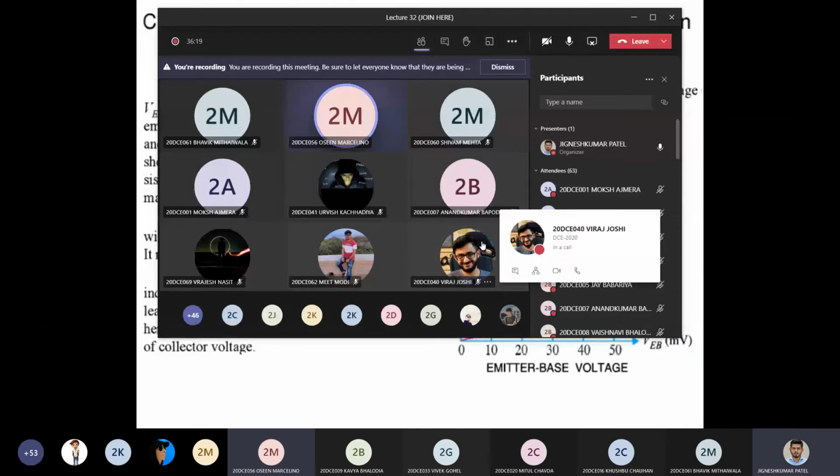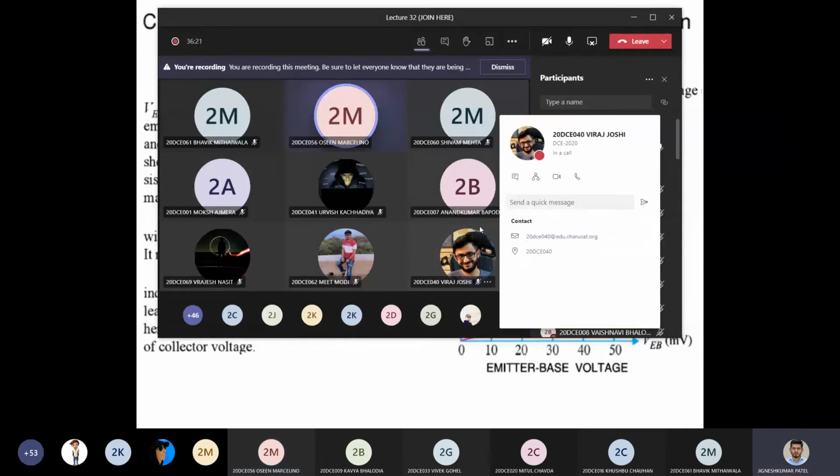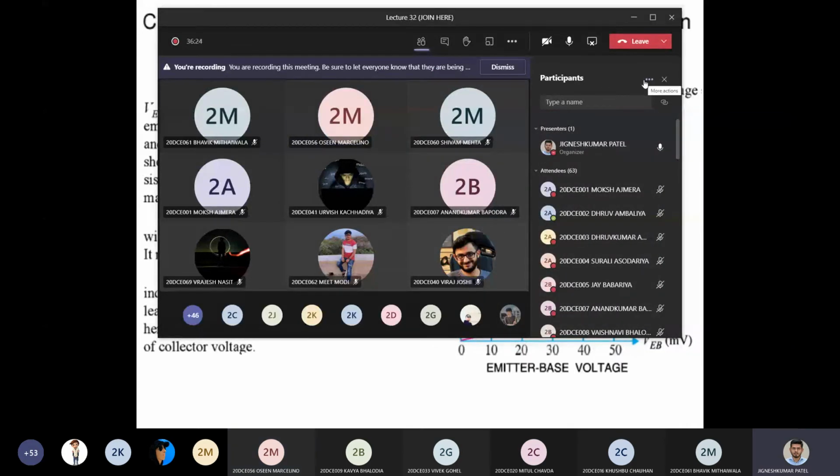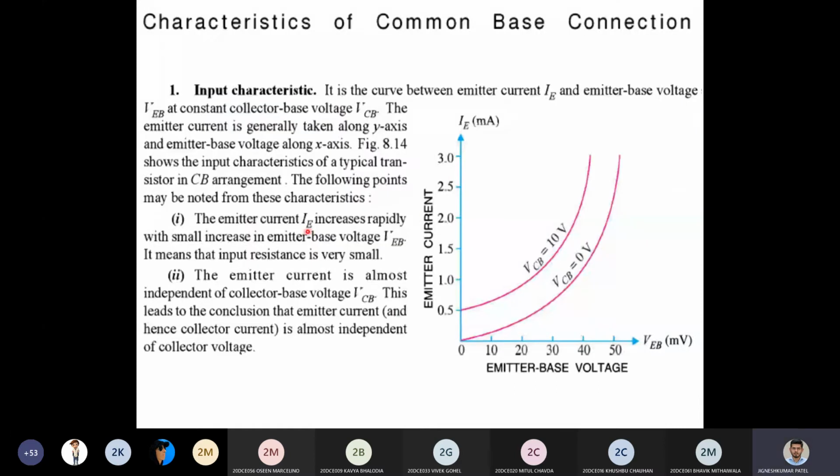It is the curve between the emitter current and emitter base voltage VEB at a constant collector base voltage. So VCB must be constant while you plot this. If I want to plot it for VCB 0, then I'll make this 0.